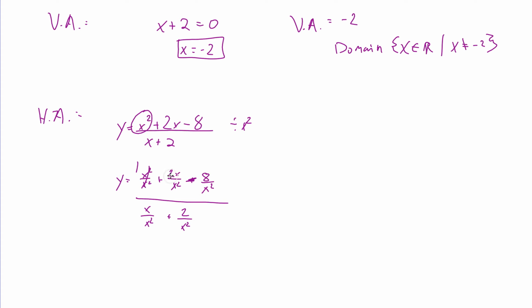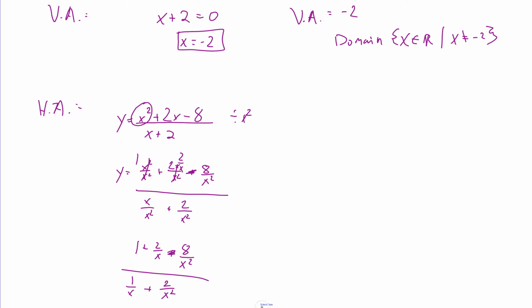Okay, so this gives us 1, this gives us 2 over x, this gives us minus 8 over x squared, divided by 1 over x plus 2 over x squared.